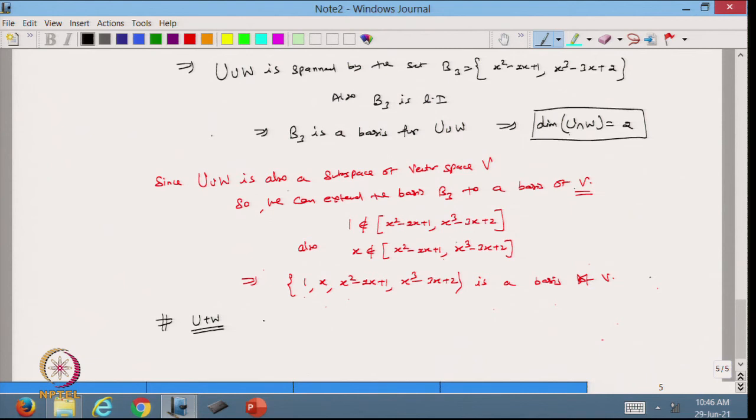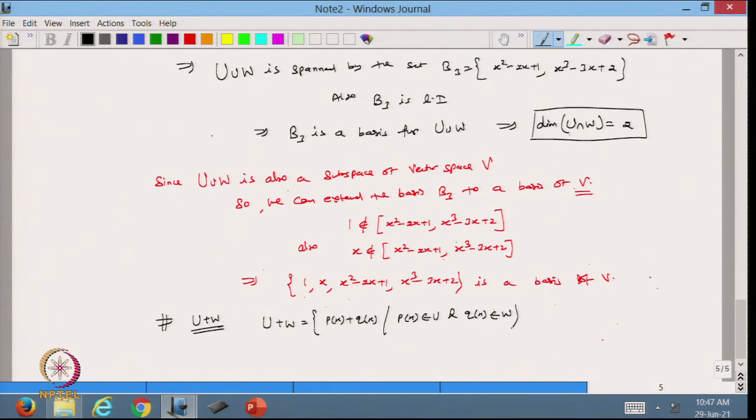So, u plus w basically consists of the polynomials p(x) plus q(x), the set of all polynomials such that p(x) belongs to u and q(x) belongs to w.